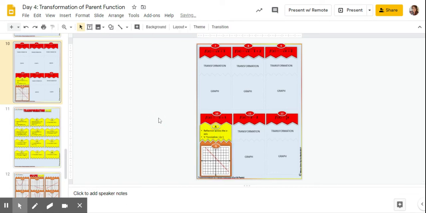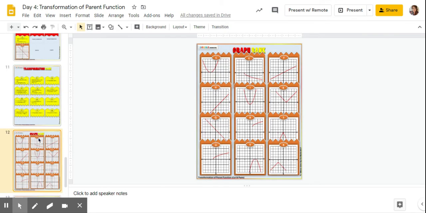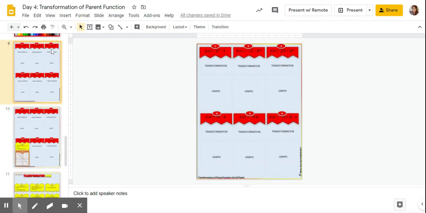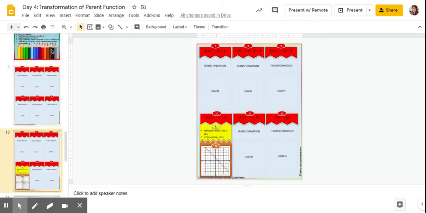The other way you could do it, if you don't want to get confused, is that since we just did this graph right here, I can copy paste and then delete it so that I don't have to see that one anymore. Either method is fine. But your goal is to complete all 24 of these so that you have one yellow transformation and one graph.